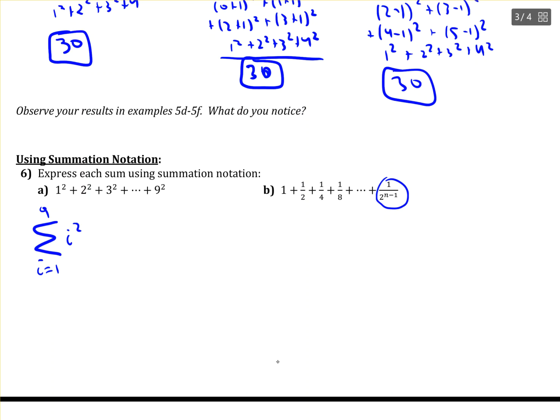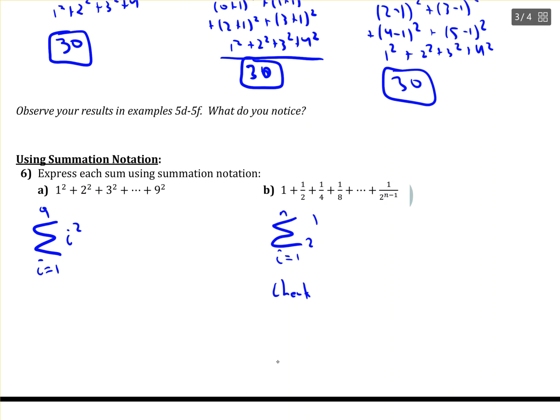And so if I go i equals 1 to n of 1 over 2 to the n minus 1, we can plug things in and see how it works, right? So let's just check. Sorry, not 2 to the n minus 1, that's an i.